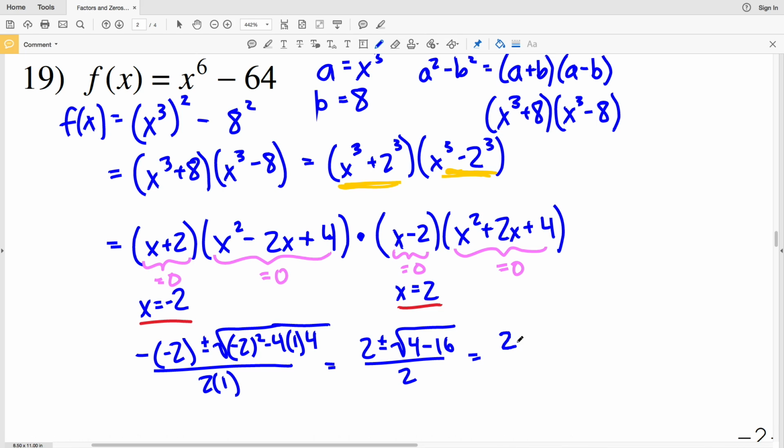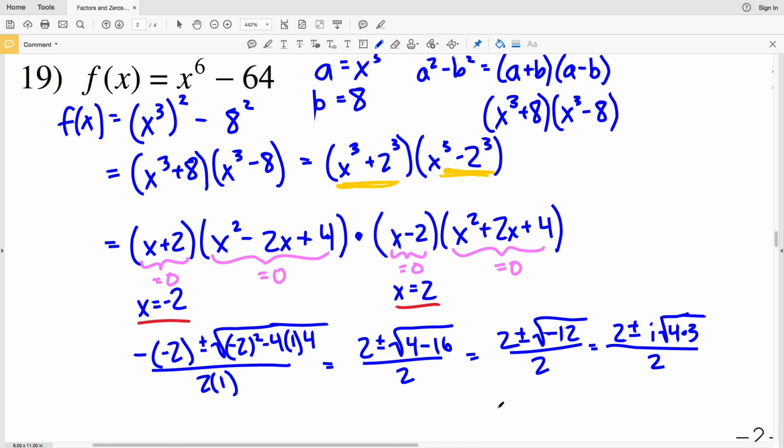That will give us 2 plus or minus the square root of 4 minus 16, which is negative 12, all over 2, which I'll simplify to 2 plus or minus i times the square root of 4 times 3, all over 2, like a previous problem we've done. I rewrote 12 as 4 times 3 so that I can pull out that perfect square and have 2i.